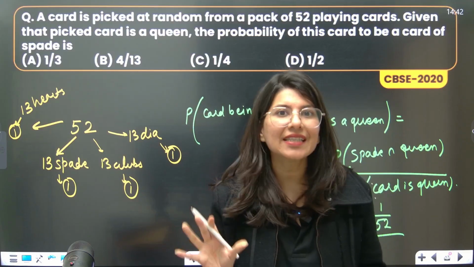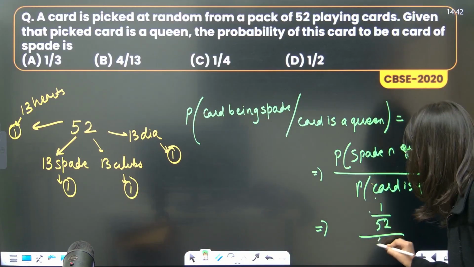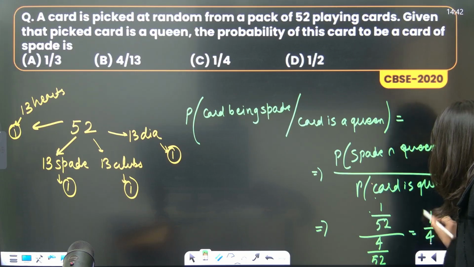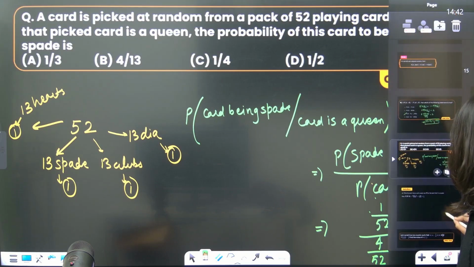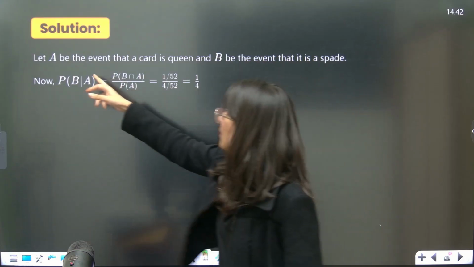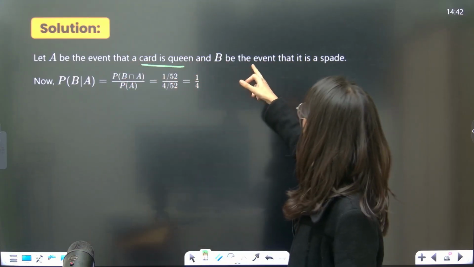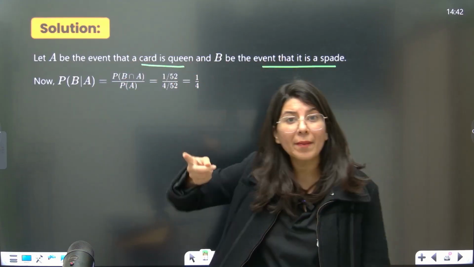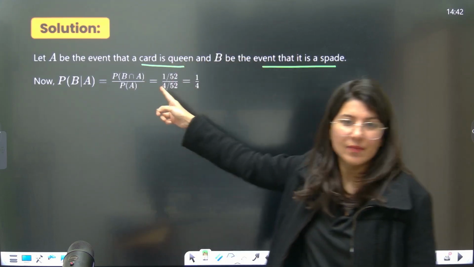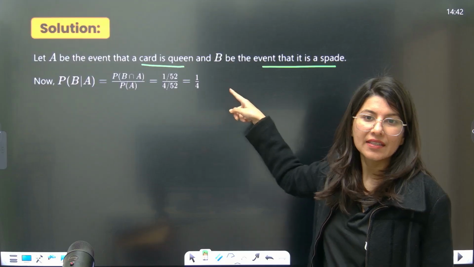How many queens in total do you have? 4 by 52. So your answer will be 1 by 4 in this scenario. And how do you write it? Same. I told you. Let A be the event that the card is a queen, and B the event that the card is a spade. You want the probability of the card being a spade given that the card is a queen. So B slash A: B intersection A upon P(A), and this is how you have got it.